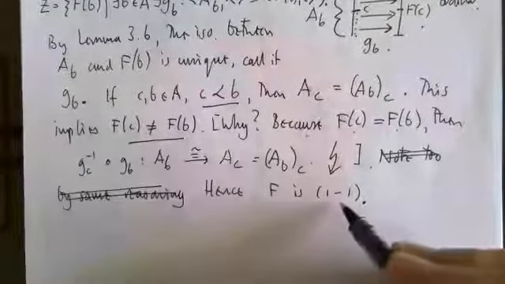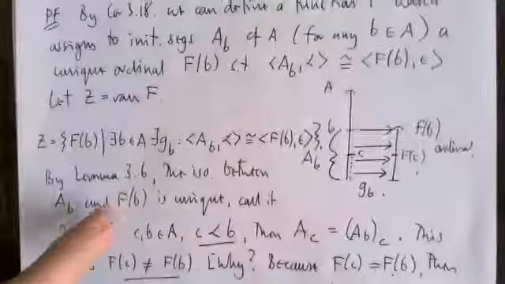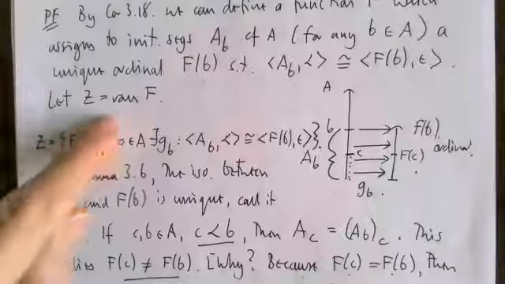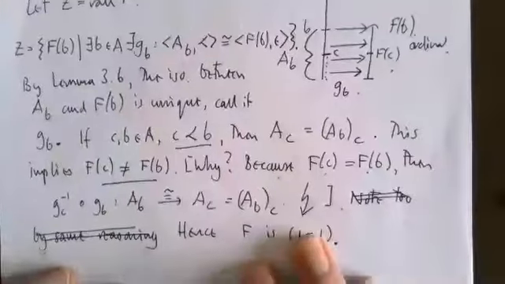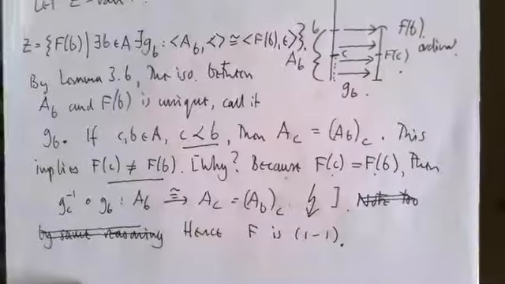Okay, so f is 1 to 1. And since Z is defined to be the range of f, it's a bijection between Z and the collection of initial segments.